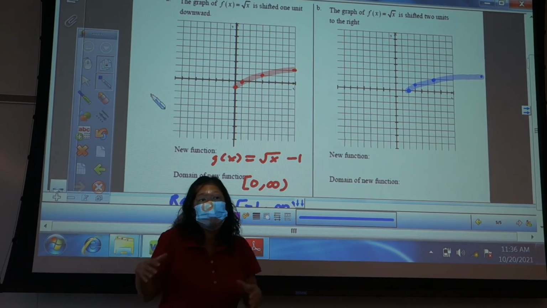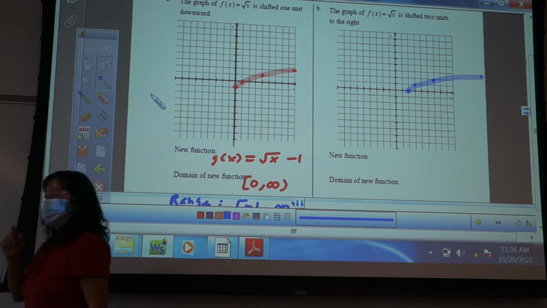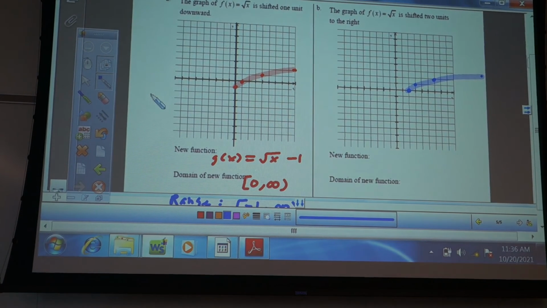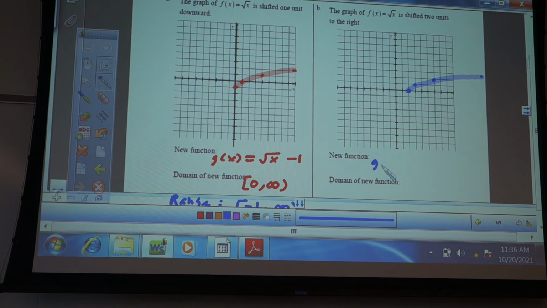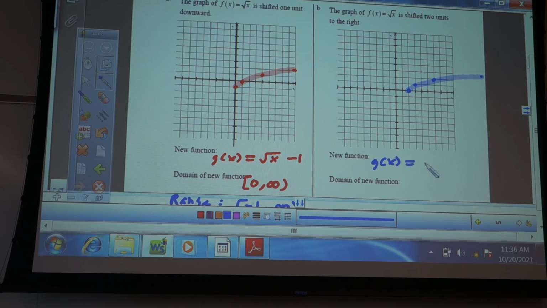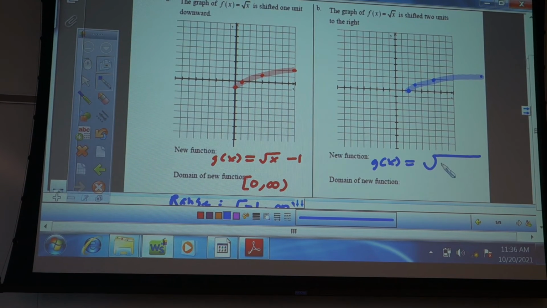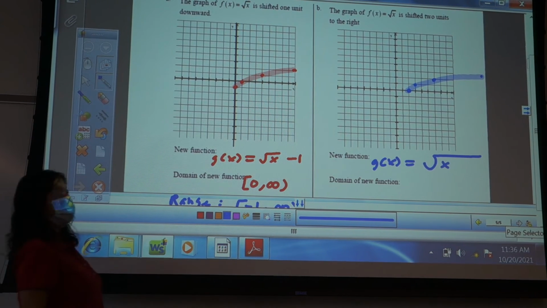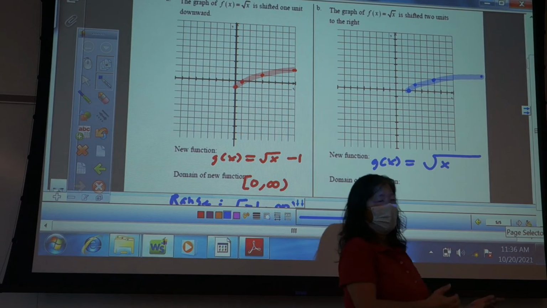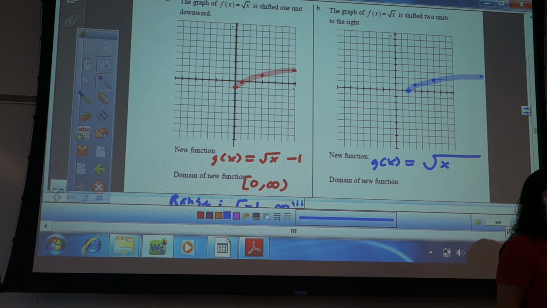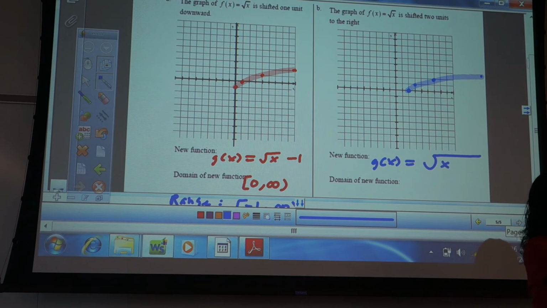Left, right is on the inside, right inside where X is. So right inside where X is, we're going to do X what? Do we do the opposite? Right. So it would be, anyone?